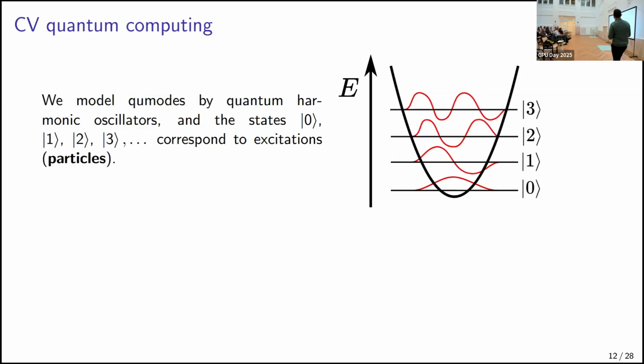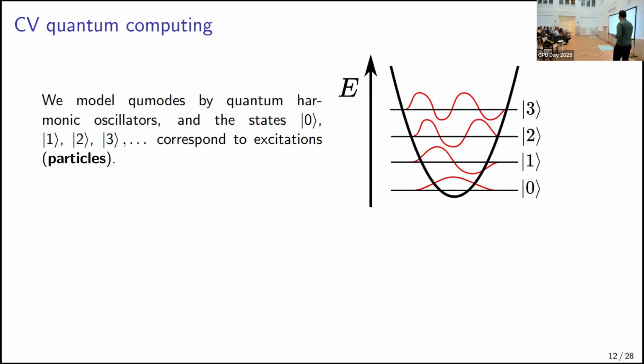Let's discuss a bit more about this CV quantum computing. In this model, we model the Q modes by quantum harmonic oscillators, and states 0, 1, 2, 3 I mentioned correspond to excitations of these quantum harmonic oscillators.